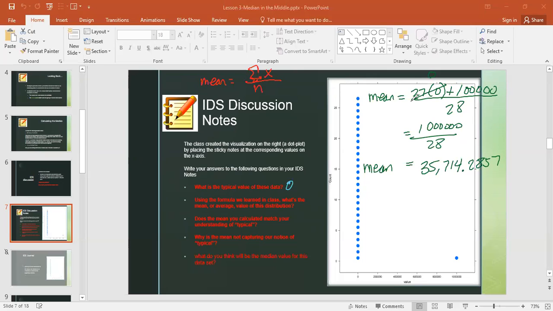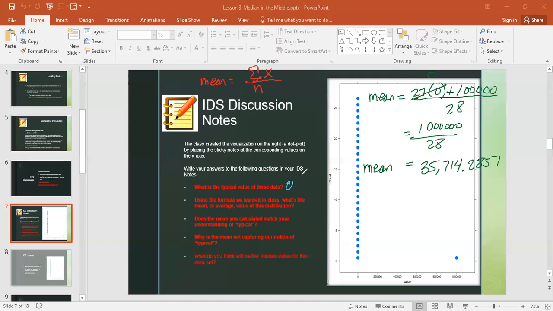Okay, so does that match our understanding of typical for this data set? No. Yikes, right? Look at that.